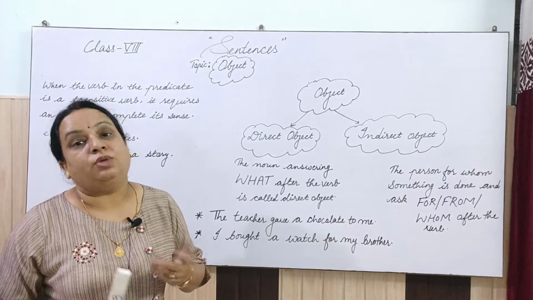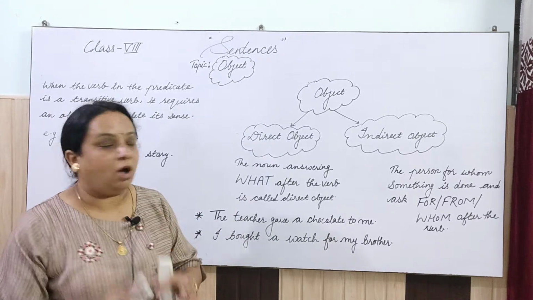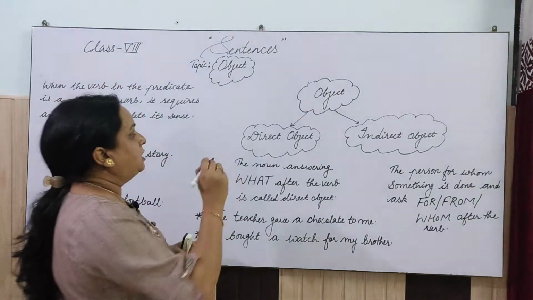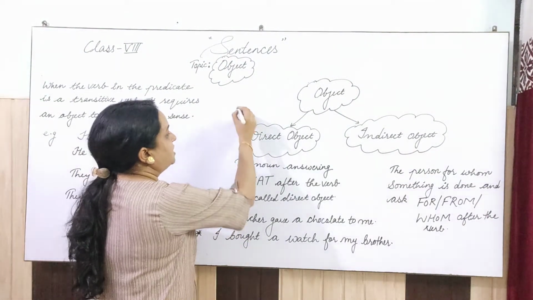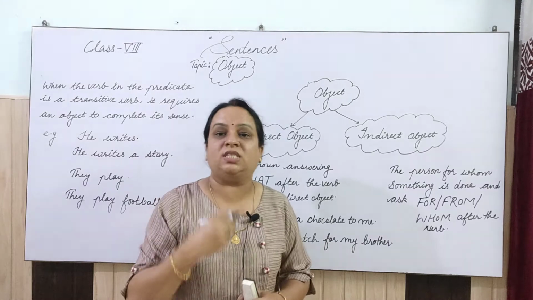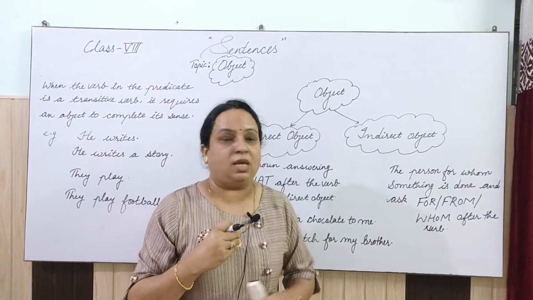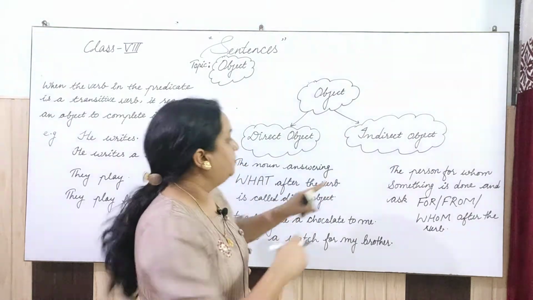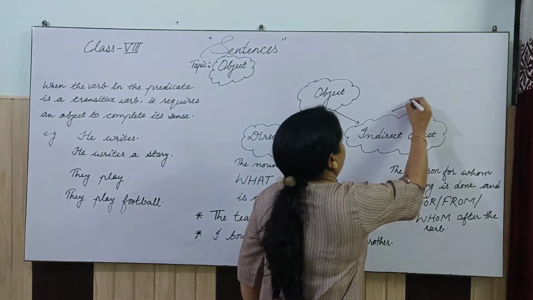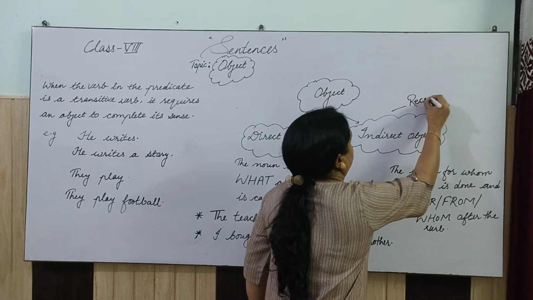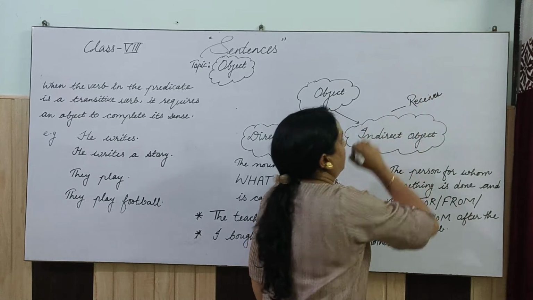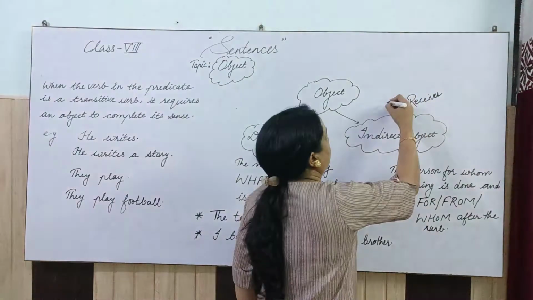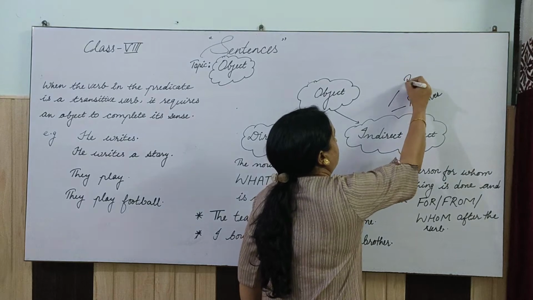Clear, then what will happen? Then how do you recognize it? The receiver, who gets something, is the indirect object. Okay, the receiver is the indirect object. The very first thing you have to learn is that the persons are indirect objects.